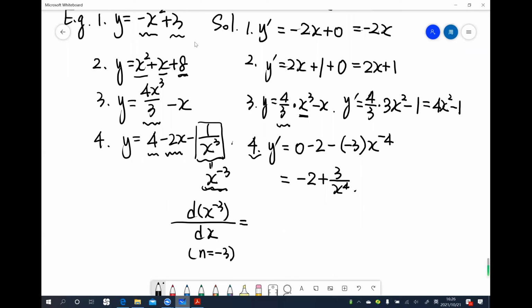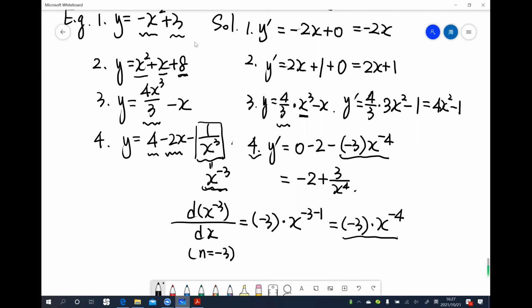So we use the formula: that equals minus 3 times x power minus 3 minus 1. So we have minus 3 times x power minus 4. Got it, it is easy. Okay. Any other questions?